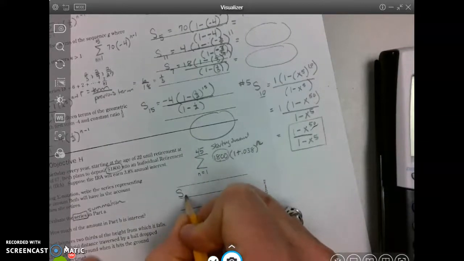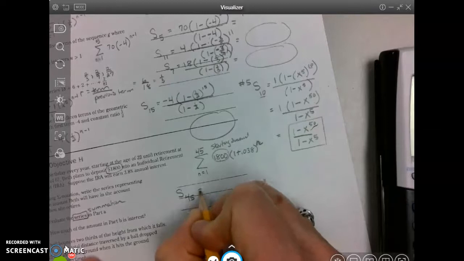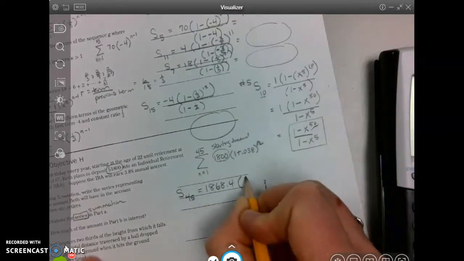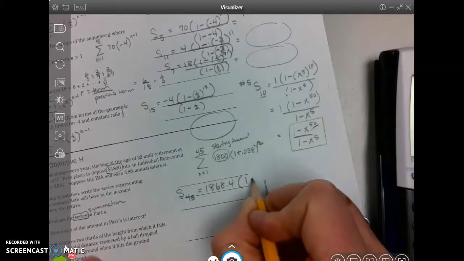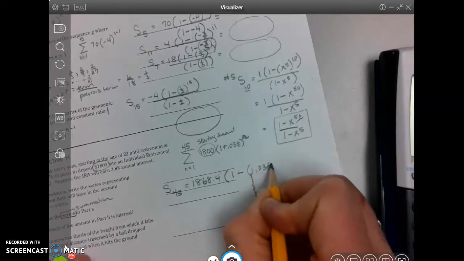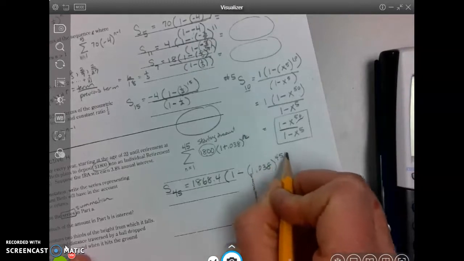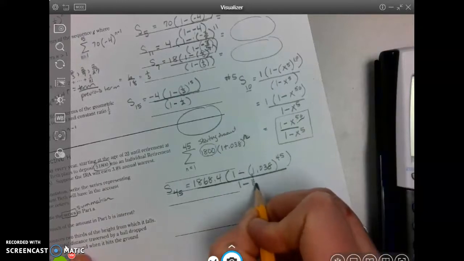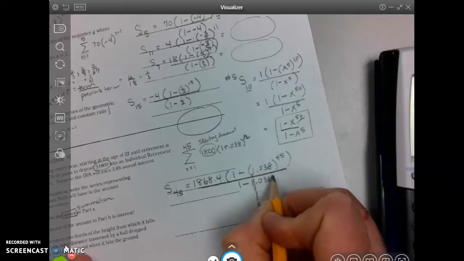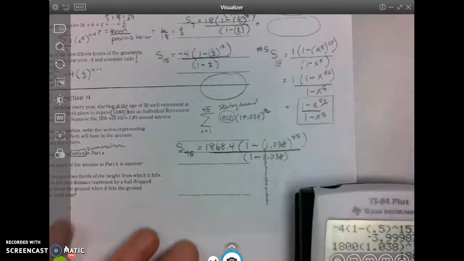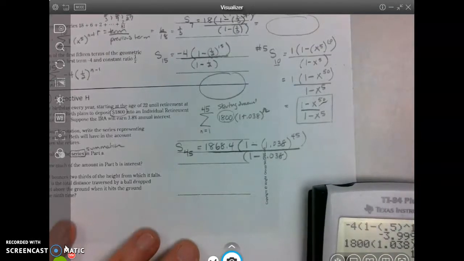So S sub 45 is 1,868.4 times 1 minus, the ratio is 1.038 to the 45th power, all divided by 1 minus 1.038. And that's what I'll need to put into my calculator in order to get the total summation. But we'll do that in our next video.